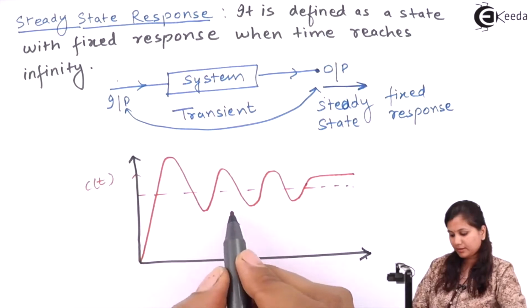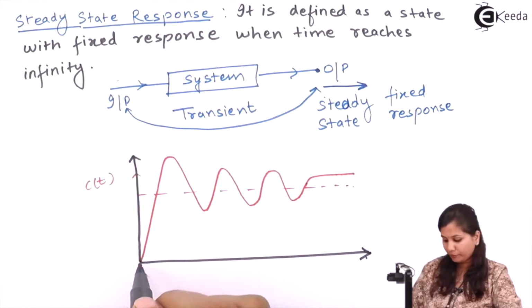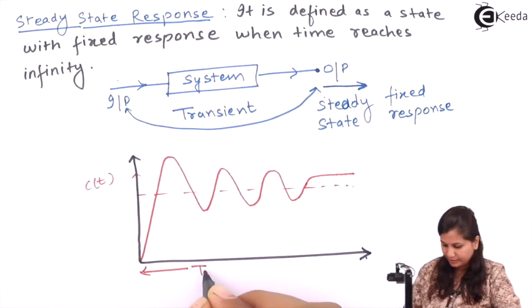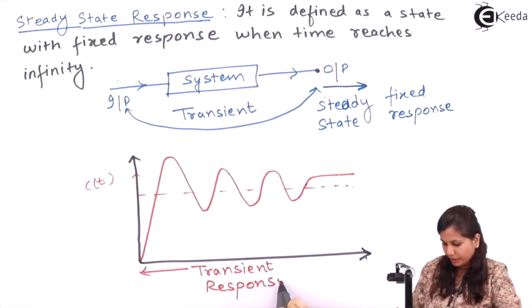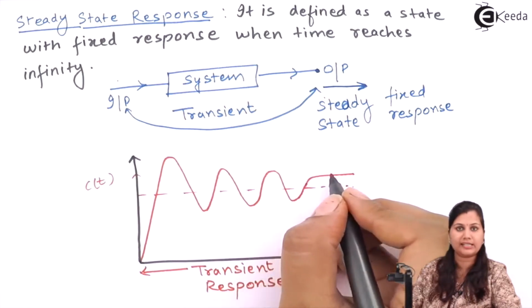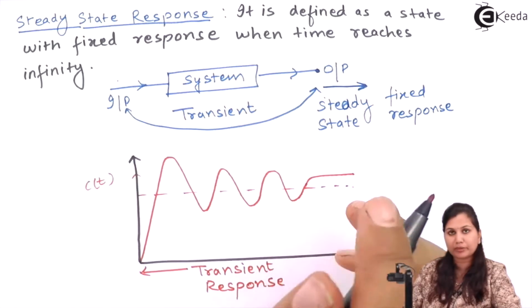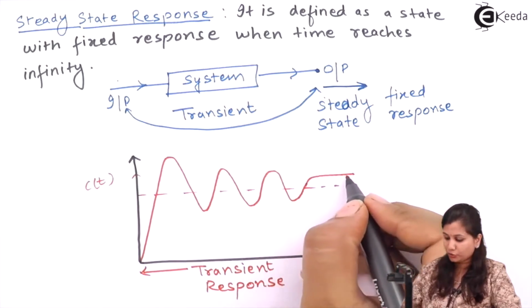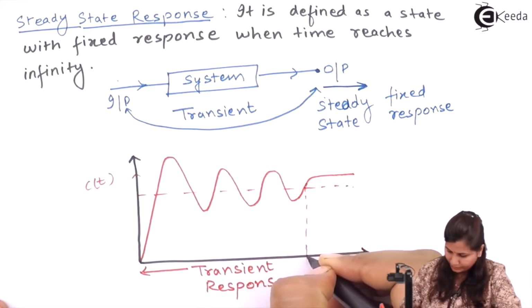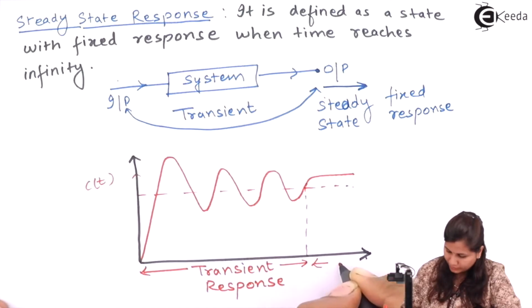When the system is changing its output from the initial state to the final state, that is called the transient response. Now here you can see that after this point, the system has attained a steady state. That is, after that the output is not changing, it is fixed. So the response of the system is fixed, and after this point the response is called the steady state response.